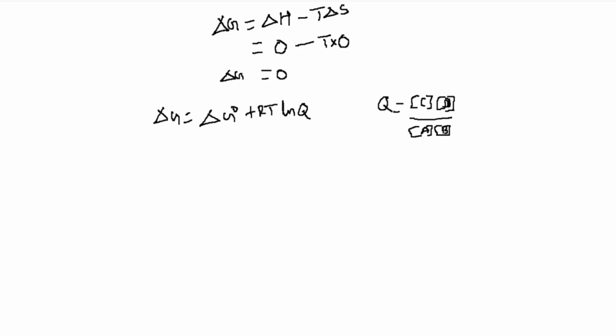So this ratio before reaching equilibrium is called reaction quotient Q. So delta G will have some value when the reaction is not at equilibrium, because delta S is not 0 when the reaction is not at equilibrium. Okay. But at equilibrium, what happens?